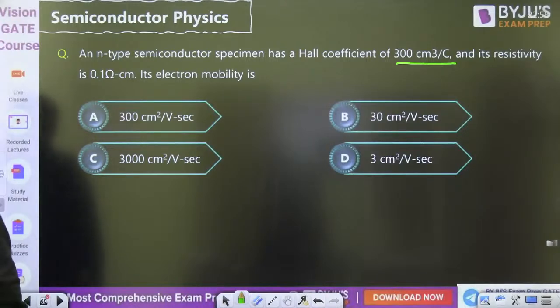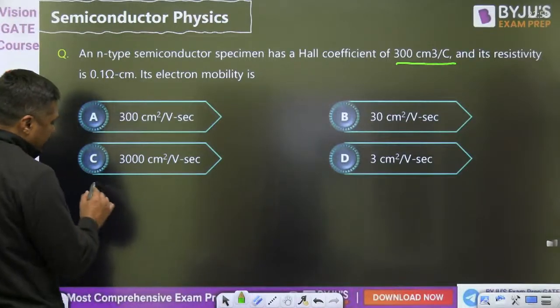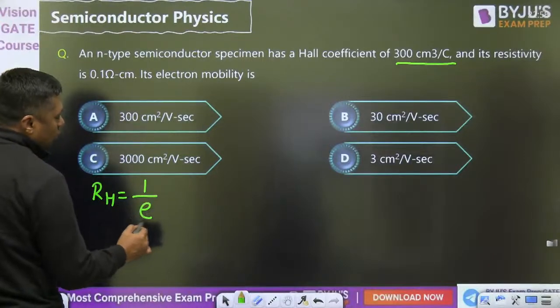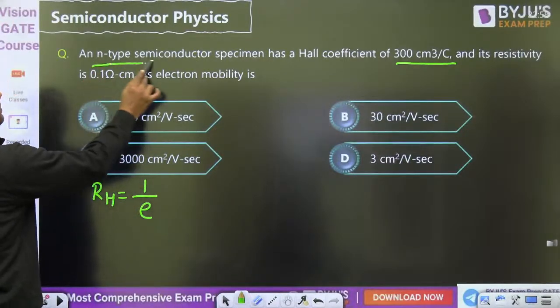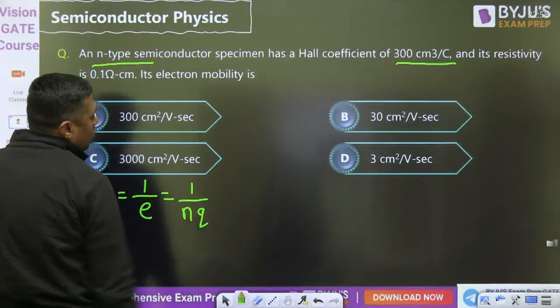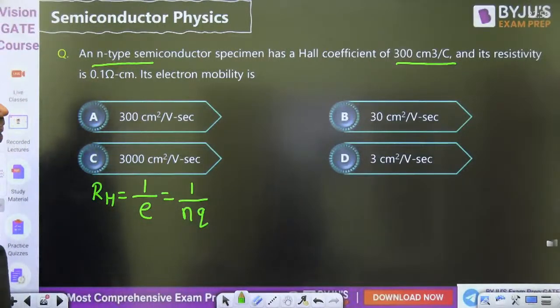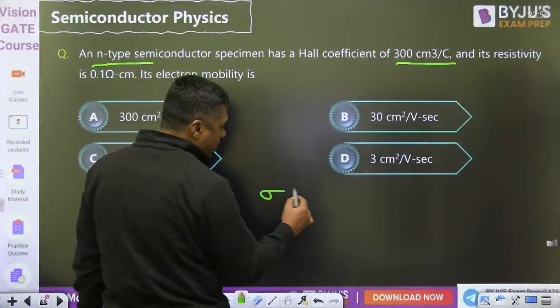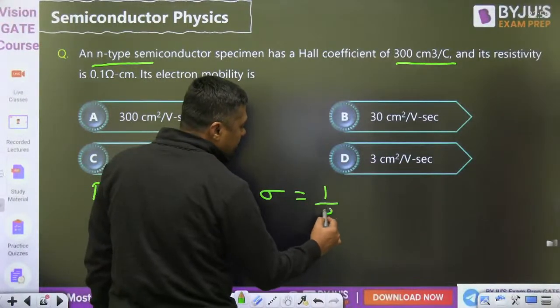As you know, Hall coefficient RH is equal to what? 1 by rho, the volume charge density. For an N-type semiconductor, it means 1 by NQ. So the Hall coefficient is 1 by NQ, and its resistivity is 0.1. What is the conductivity? 1 by resistivity.